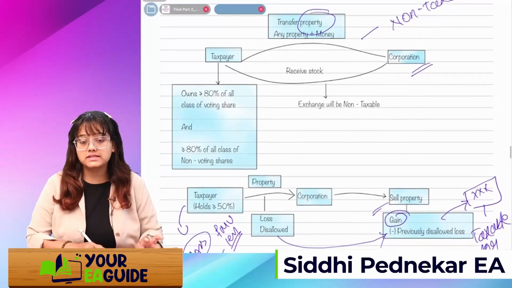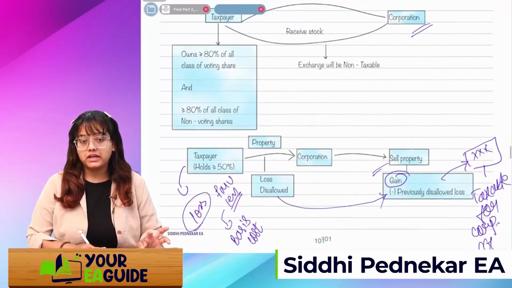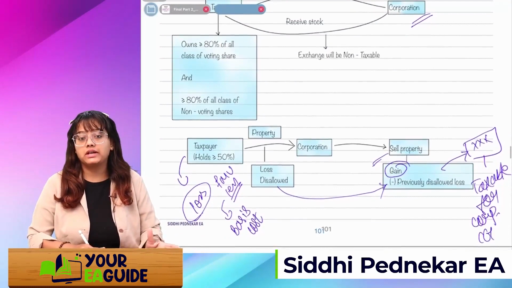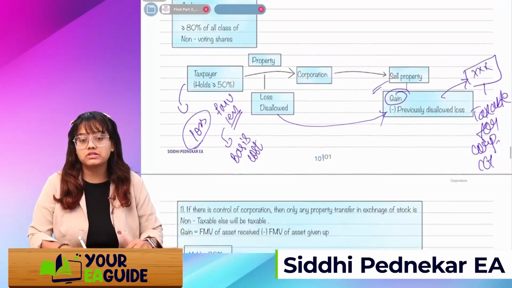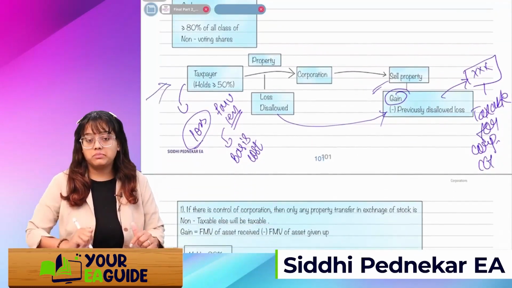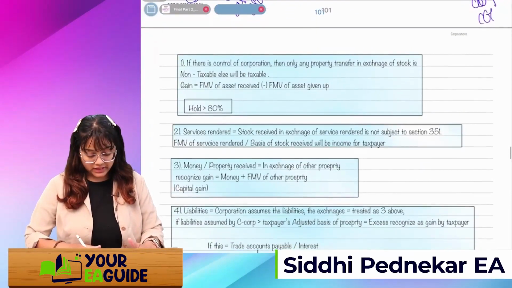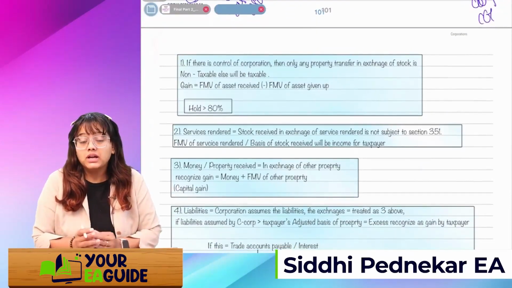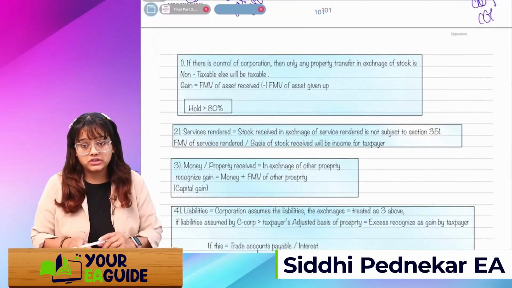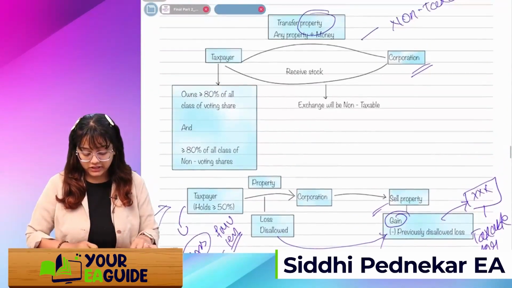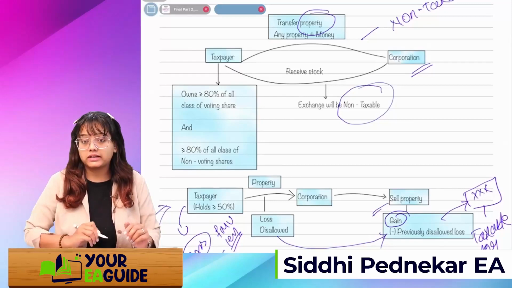Got it? This second scenario appears if the taxpayer is holding less than 80% but more than 50%. Okay, let's move on to the next. See, if there is control of the corporation, then only the property transfer here will be non-taxable.